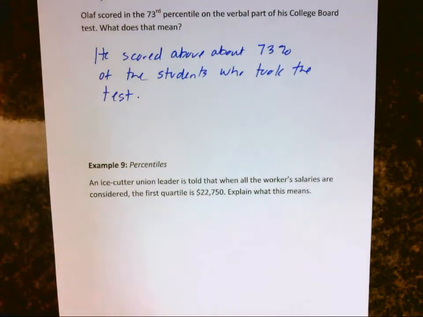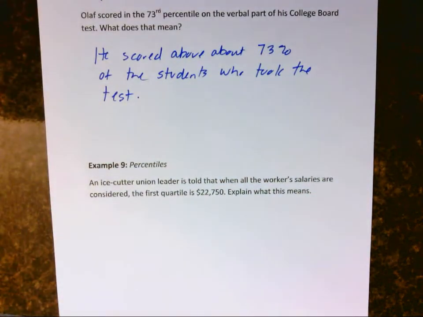And the next one: a union is told that when all the workers' salaries are considered, the first quartile is 22,750. Explain what that means.